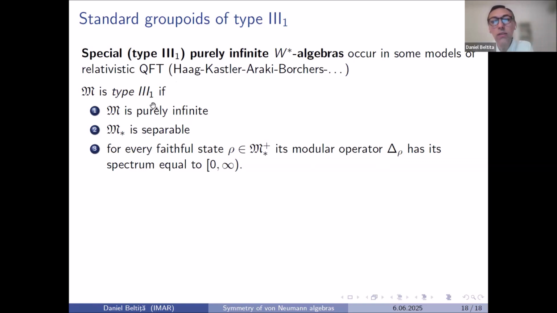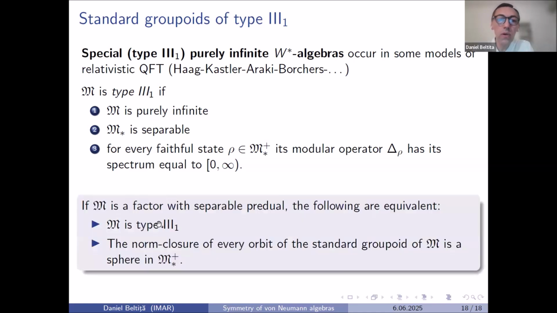What Haagerup proved is that there is only one injective type 3,1 factor. Without injectivity, we have this definition. And we have this characterization of the type 3,1 factor: if a factor has a separable predual, it is type 3,1 if and only if the norm closure of every orbit of the corresponding standard groupoid is a sphere.